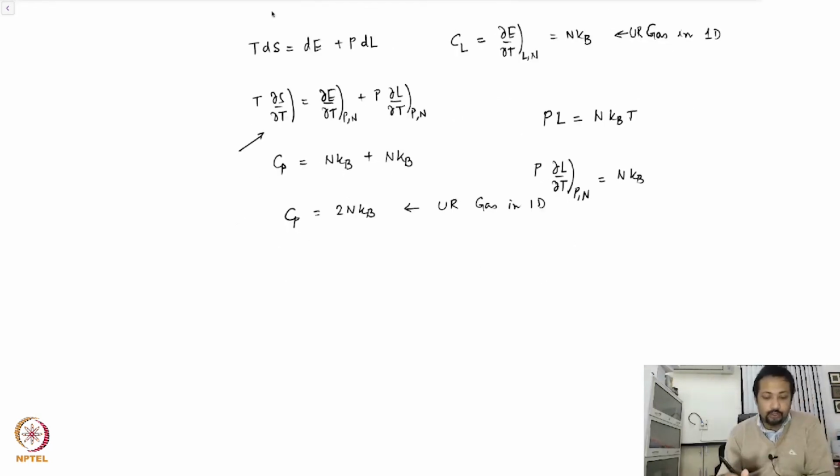So we now want to take up the last example using our microcanonical ensemble, and that is of a quantum ideal solid.